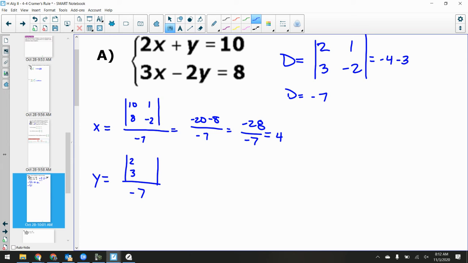So the 1 and the -2 go away and get replaced by the 10 and the 8. And now I cross multiply and subtract. 16 minus 30. I bet all those people watching at home are like, whoa, what the heck? Why is that a 4, not a 3? So we got negative 14 over negative 7, so positive 2.